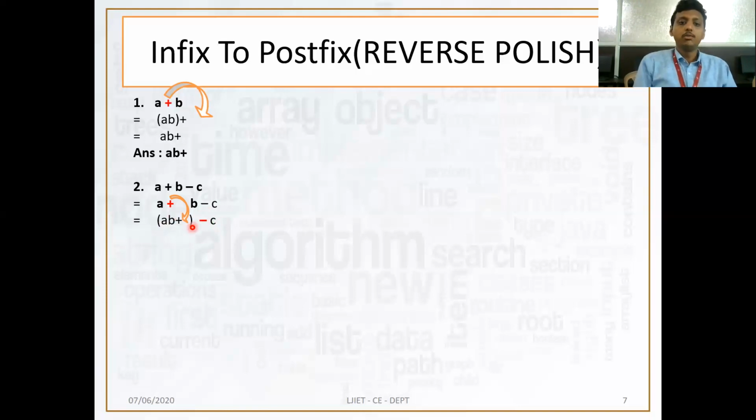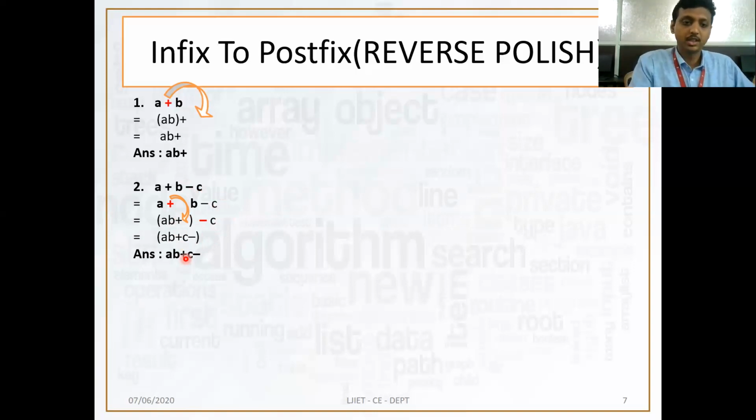Now we just need to combine both operands, AB plus and C, and put the minus sign at the back side. The expression will become AB plus C minus. Your answer is AB plus C minus.